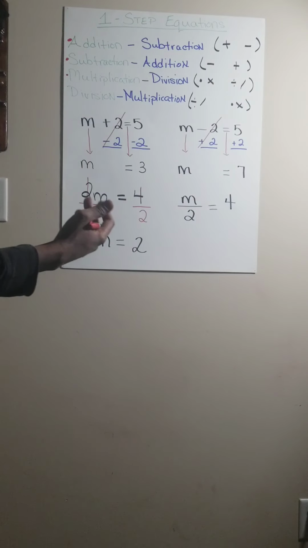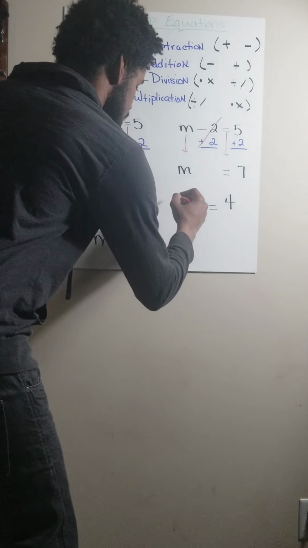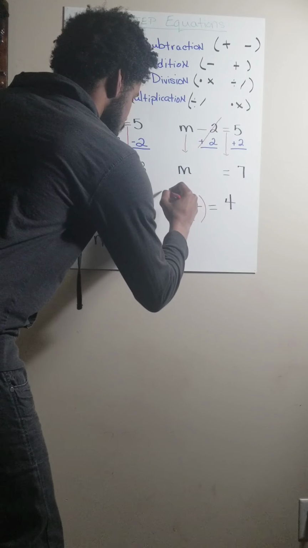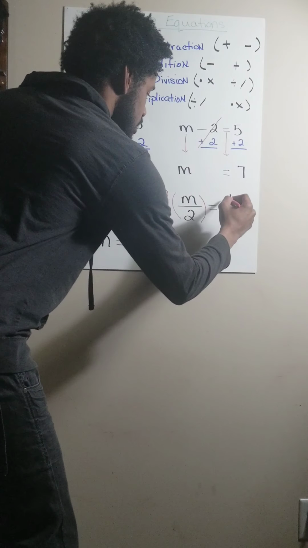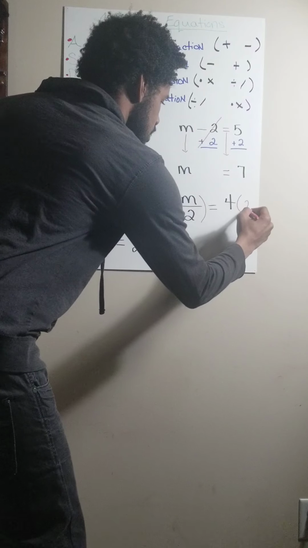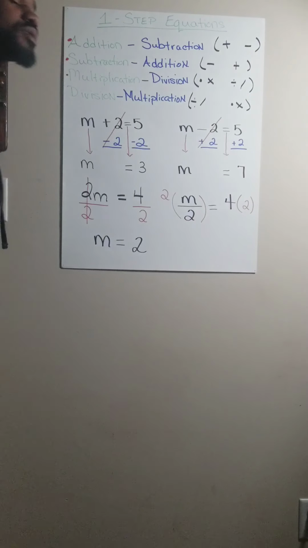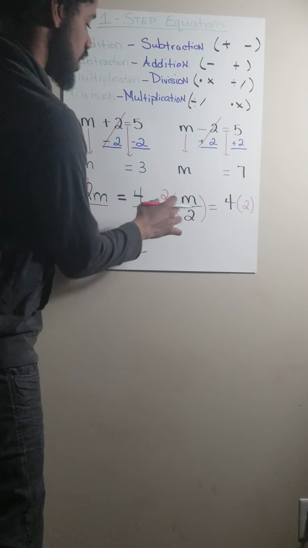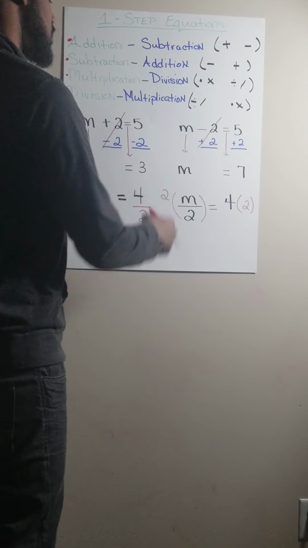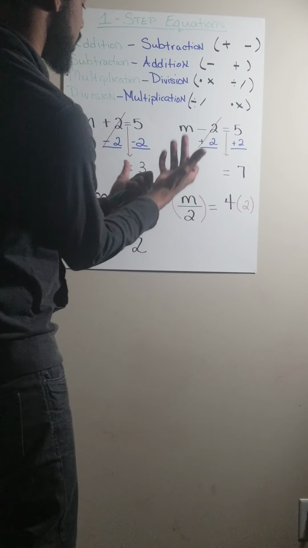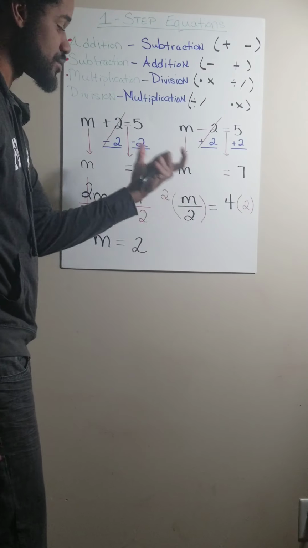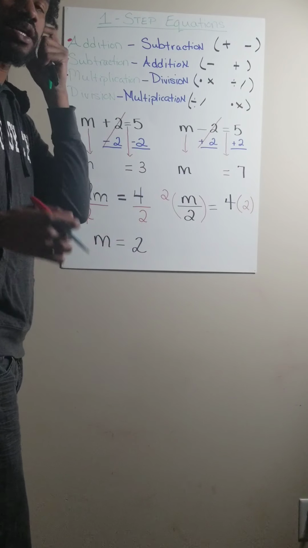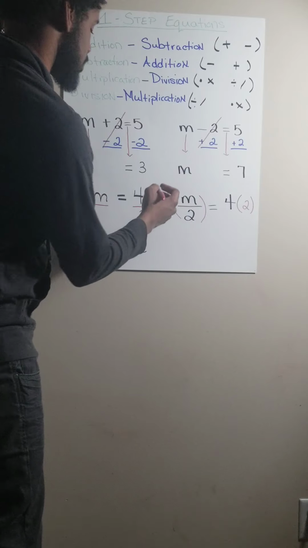If we wanted to write it out, it will look something like this. You don't have to do it this way, but if it helps, I say go for it. Anytime you have a division, you want to do the opposite. So I put that m over 2 in parentheses, and I brought my 2 outside because we always want to cancel out our numbers.